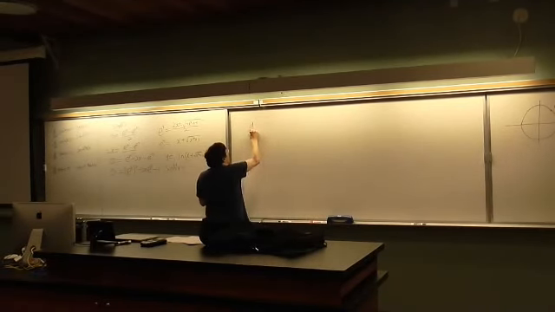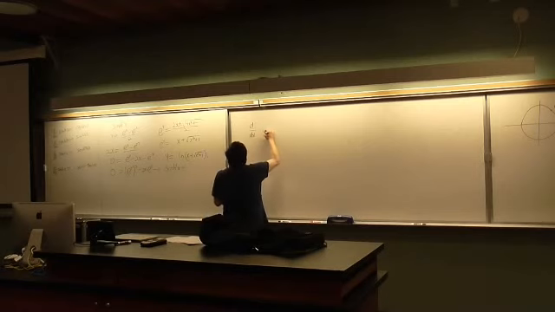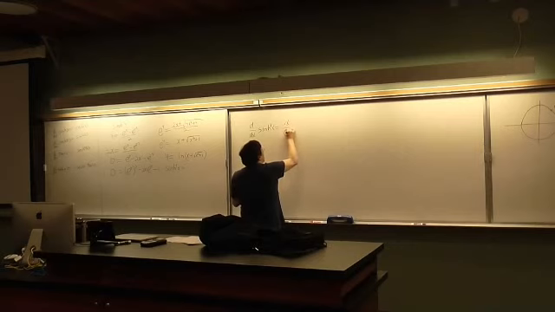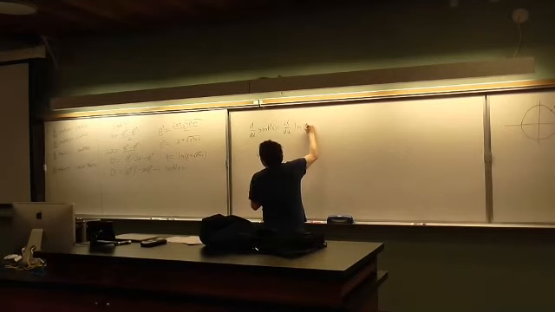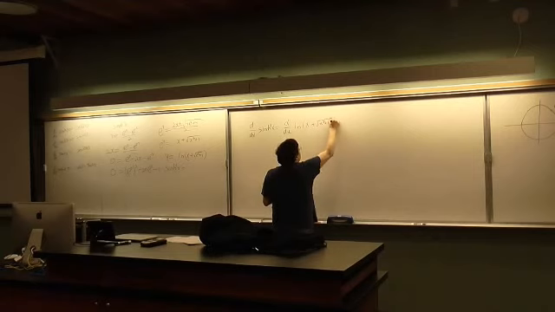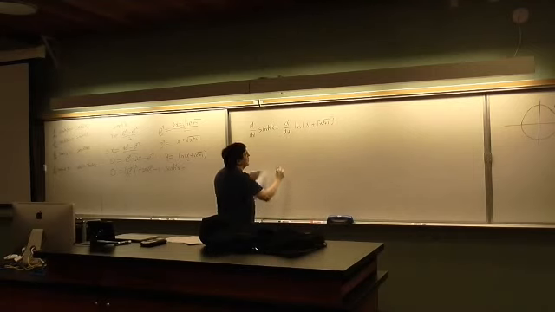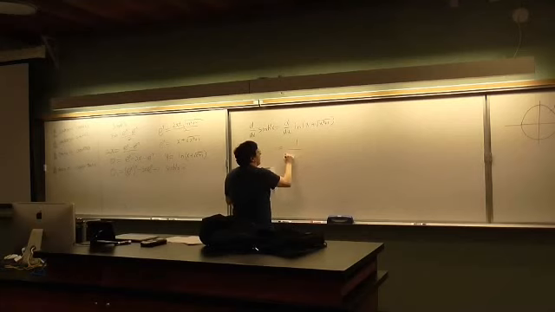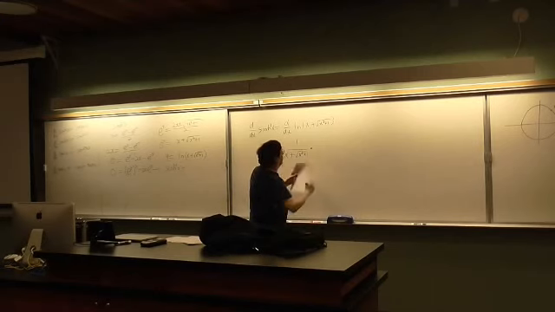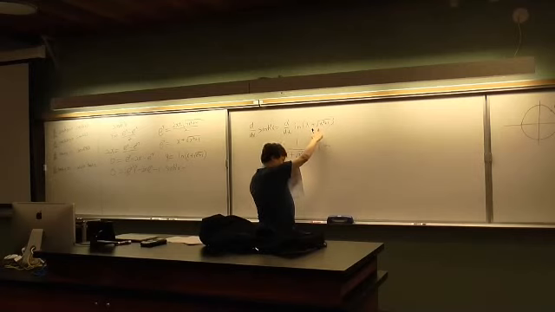So the derivative of inverse sine of x is the derivative of the log of x plus the square root of x squared plus 1. So that's going to be 1 over x plus the square root of x squared plus 1, using the chain rule, times 1 plus the derivative of the square root of x squared plus 1.